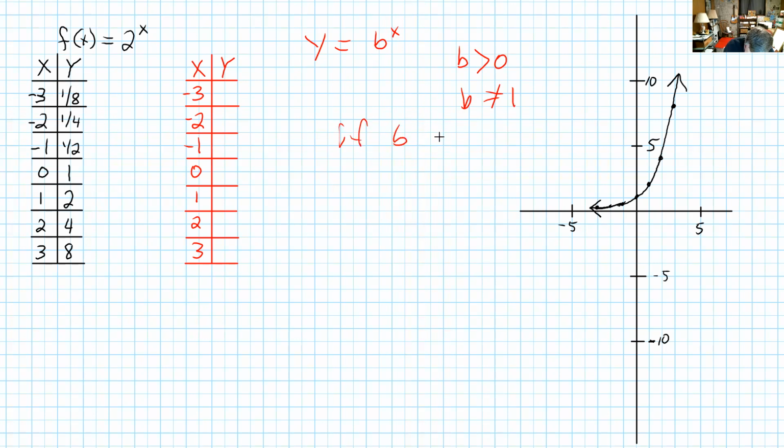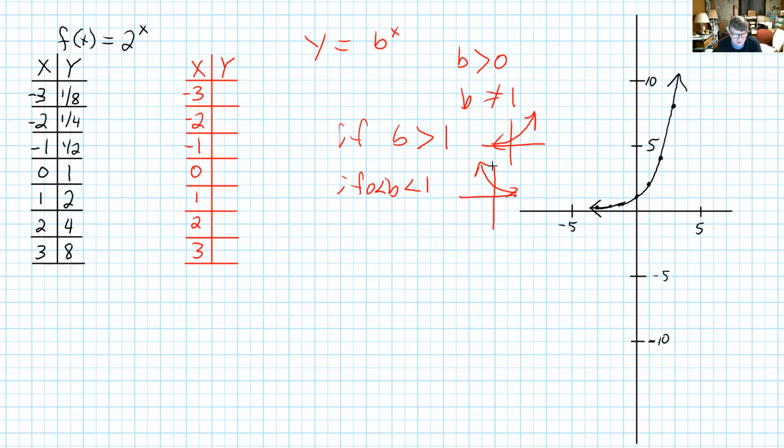If b is greater than 1, the graph increases. If b is between 0 and 1, the graph decreases. Okay.